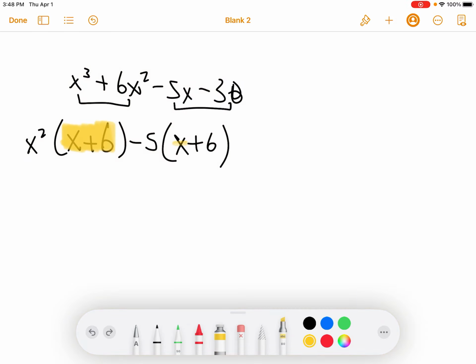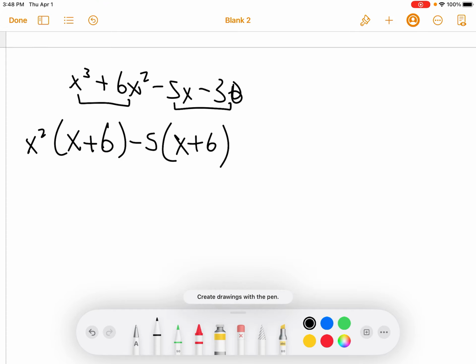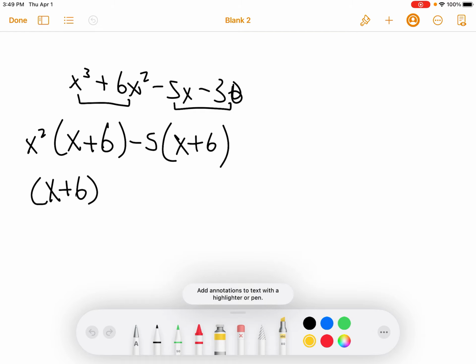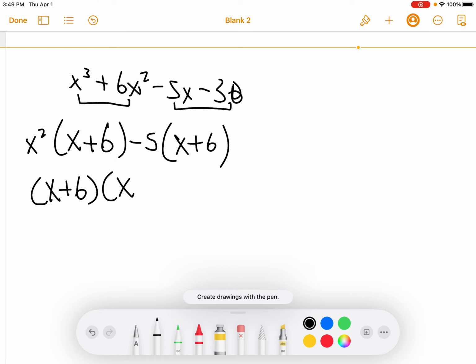They have to be. If they're not the same, then that means it is not groupable. Now you take this x plus 6, and you multiply it by the two things that are left out of it. So that means it's going to be x squared minus 5.